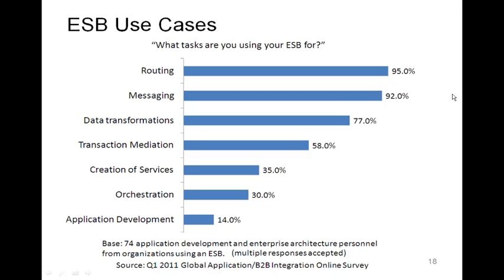You'll see that messaging and routing were the two highest at 92 and 95% specifically. Data transformations were third, transaction mediation fourth, creation of services fifth, orchestration fifth, and application development last at 14%.